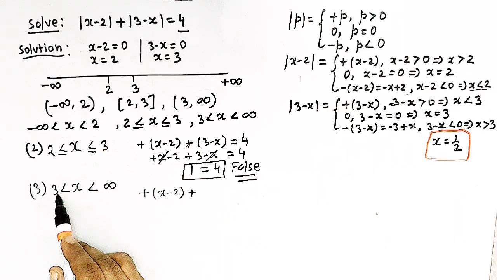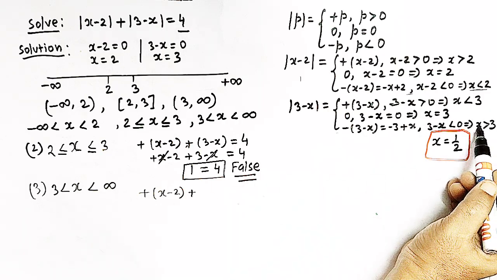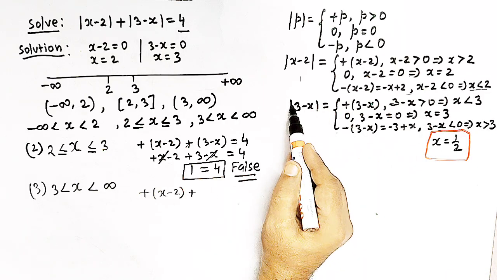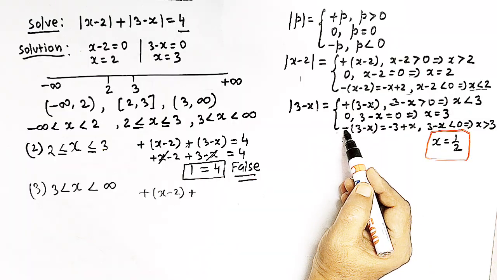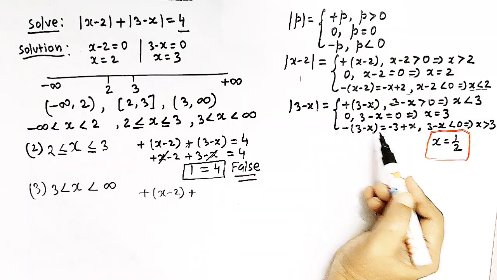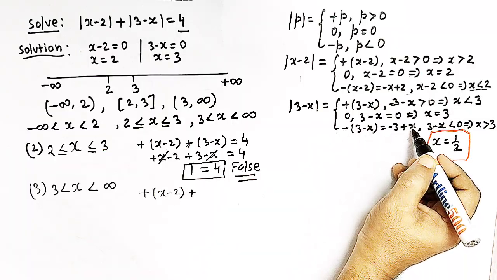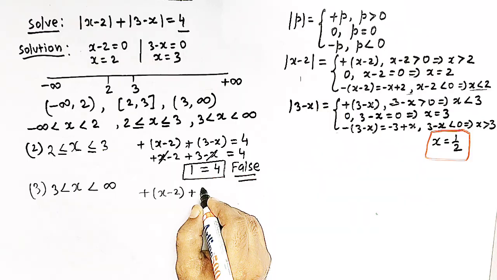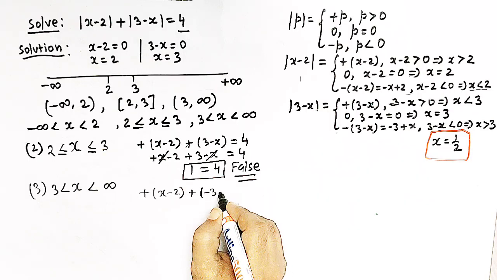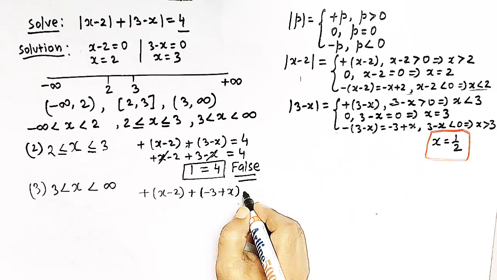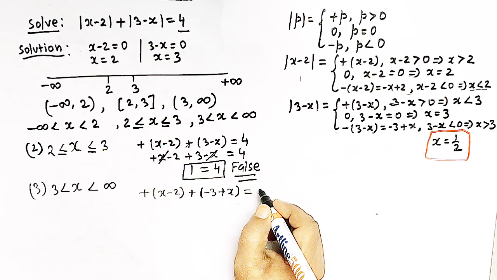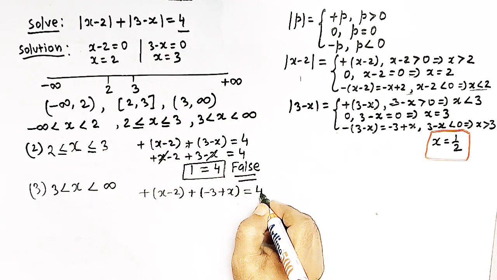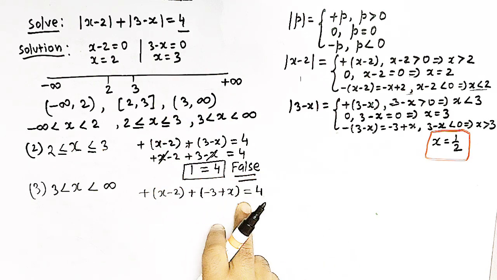And then we have mod of 3 minus x. Now see, x is greater than 3. So when x is greater than 3, then mod of 3 minus x is negative of 3 minus x, that is minus 3 plus x. So here we write minus 3 plus x, and here we have in the right hand side 4. So now we have to solve this linear equation.